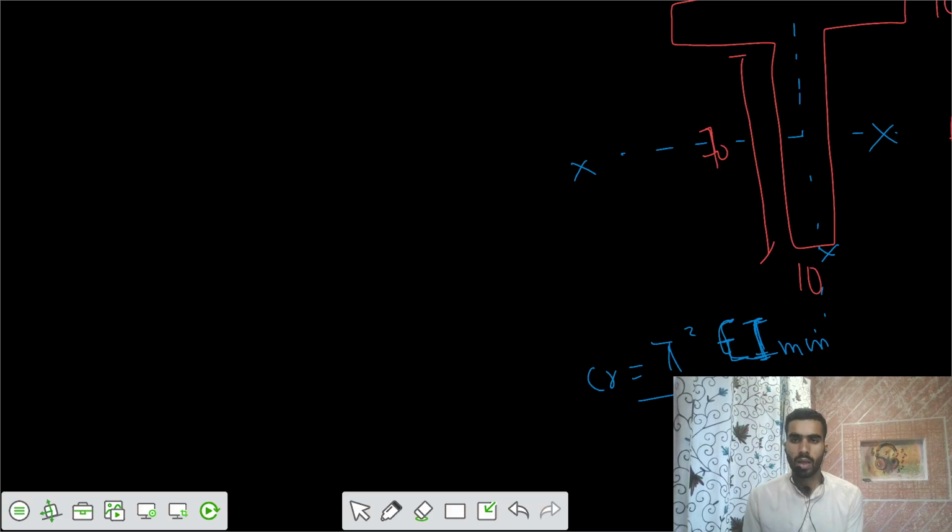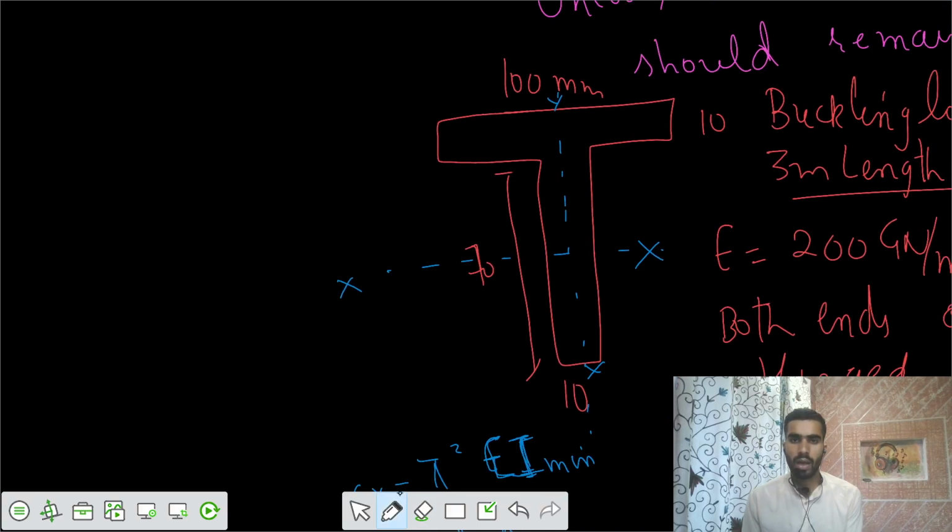If I take this Iyy, the section is symmetric about yy. So I can directly calculate it, as the centroidal axis about yy would be along this axis itself.